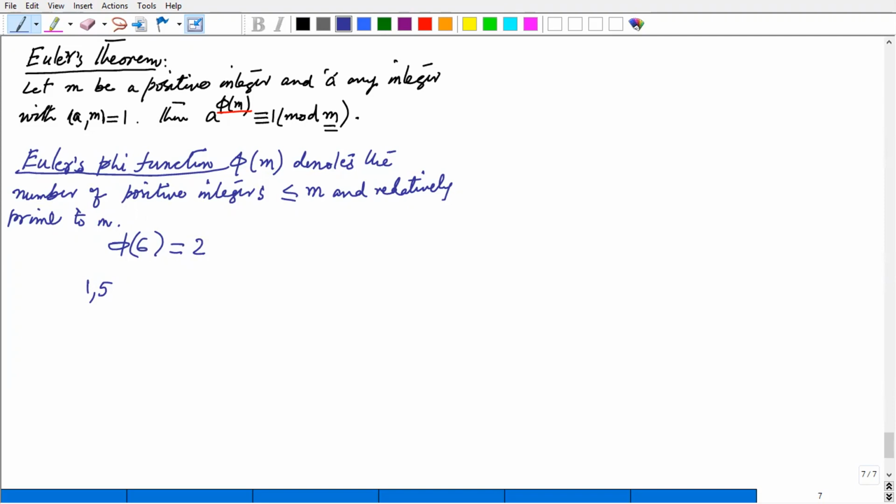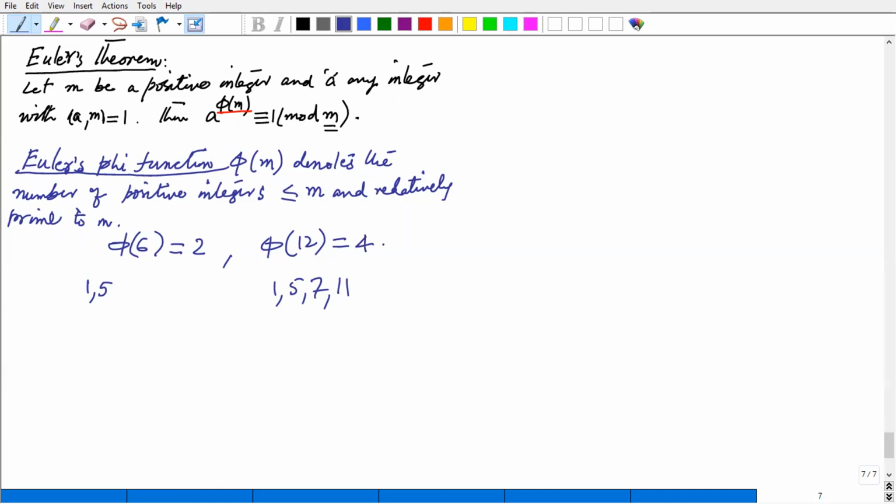And for example, phi of 12. 1 is relatively prime to 12, 2 is not, 3 is not, 4 is not, 5 is relatively prime, 6 is not, 7 is relatively prime, 8 is not, 9 is not, 10 is not, 11 is relatively prime to 12. So phi of 12 is 4.